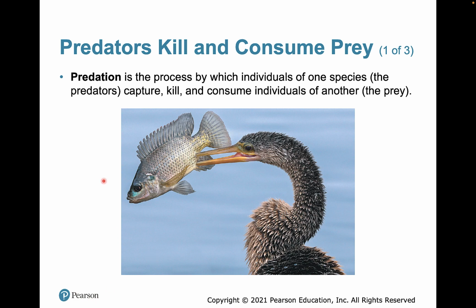So if we look at other relationships, we look at predation, predators and prey. Predation is when one species, the predator, is going to capture, kill, and consume individuals of another species, and that's the prey. It's a fatal relationship. The predator kills the prey.